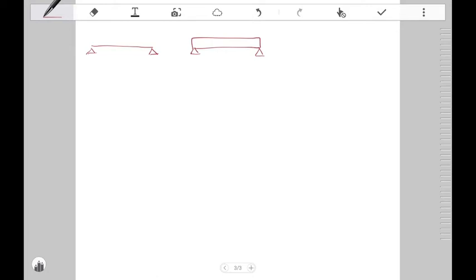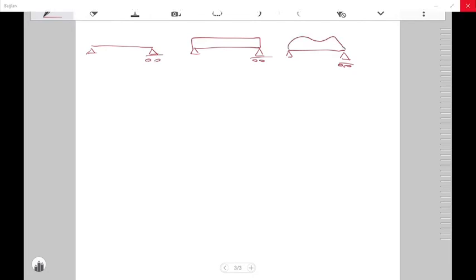And in the third case, let's have some random shape beam here, and again pin supported. All of them pin supported. And for these 3 cases, I apply the same loading, 10 kilonewtons at the middle.